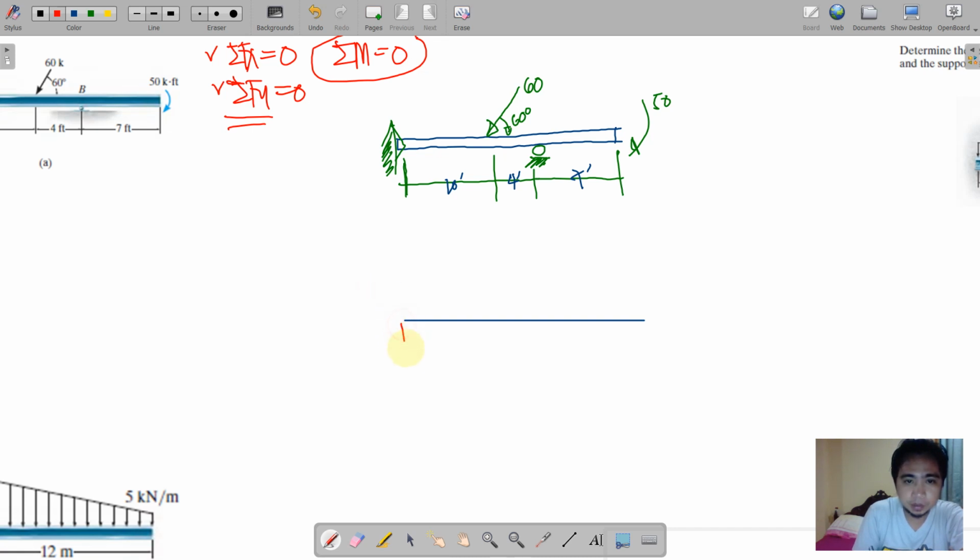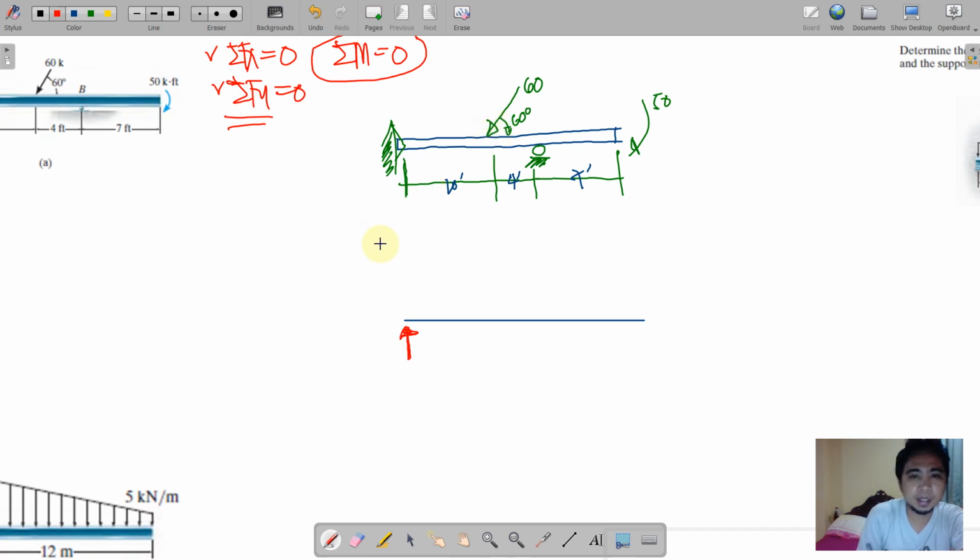Okay? So let us assume a force. We have here pin connection. There are two reactions. So I'm going to assume that to be upwards. So sometimes you do not need to assume because common sense will tell you na ito pataas kasi itong 60 naman yung component niyan is pababa and going towards the left direction. So meaning you must have to orient also yung mga components ng diagonal forces.